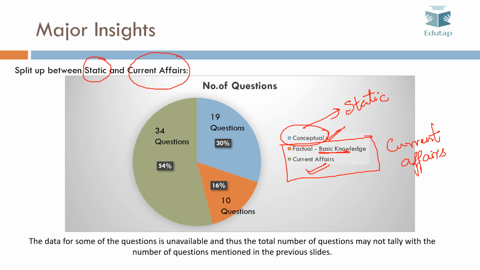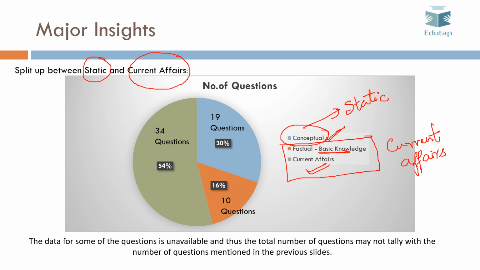So obviously the weightage given to current affairs is more, there is no doubt regarding it. But there is one important point I need to stress here: unless you are thorough with your basics or your static portion, it is not very easy to remember all these current affairs related questions.